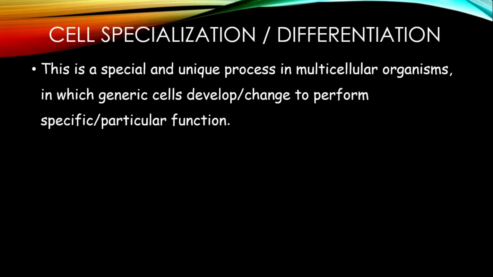I had a class this morning and this was a little too much for them to process, so I used an analogy. You would have gone to a restaurant, and in that restaurant you would have had persons who all went to school. At that time they were pretty much like general, or should we say stem cells. Now they grew and they became specialized. So you would have the waiter and the cashier, and they have special functions.